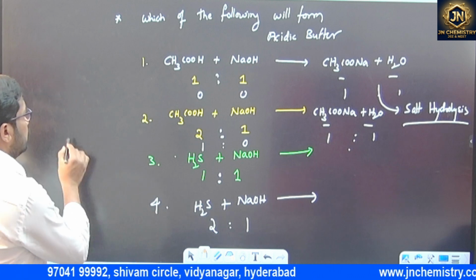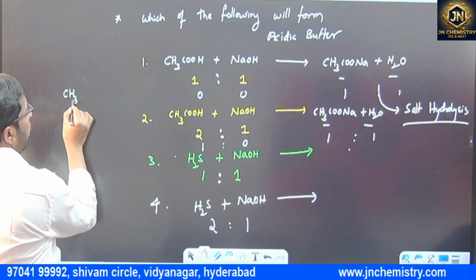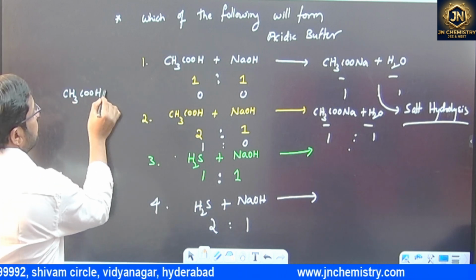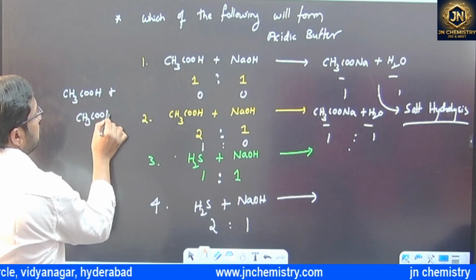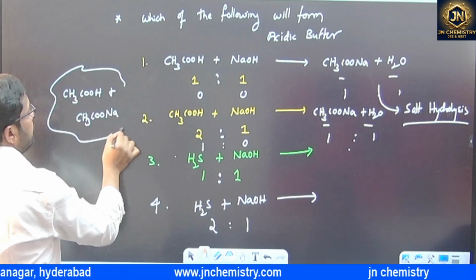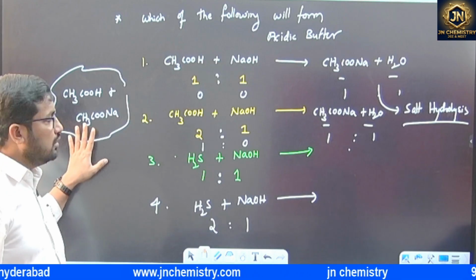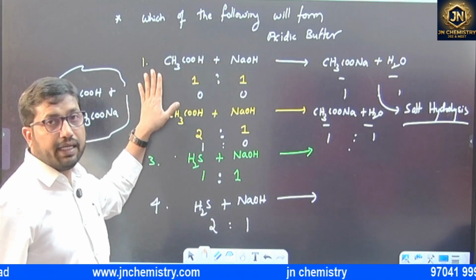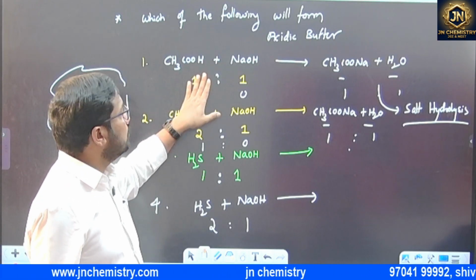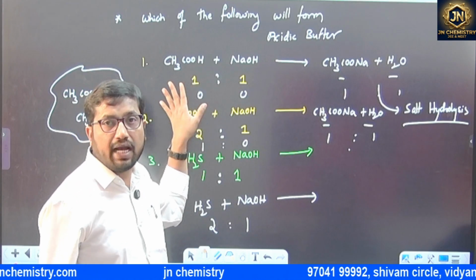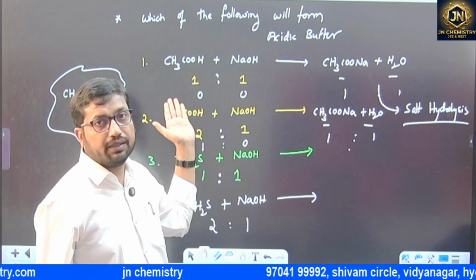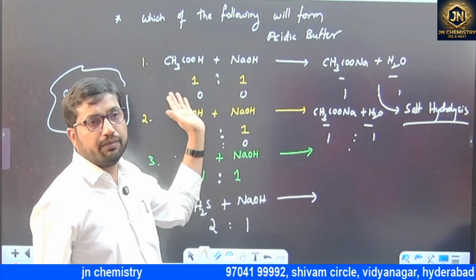What is a buffer solution? A buffer solution means weak acid plus its salt of strong base. This combination should be present. But in this case, only salt is remaining. So there is no weak acid. Here the weak acid is completely consumed. 1 mole with 1 mole is consumed.